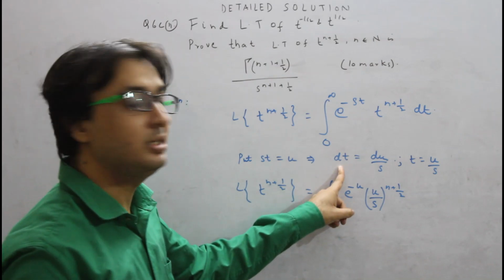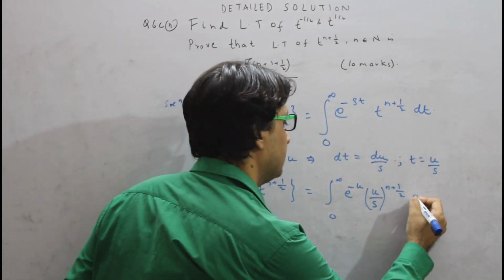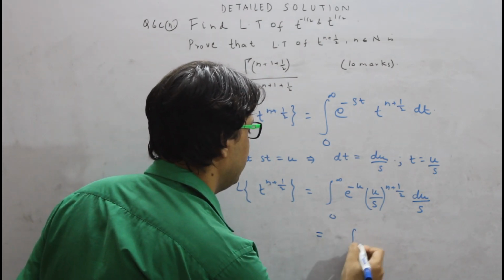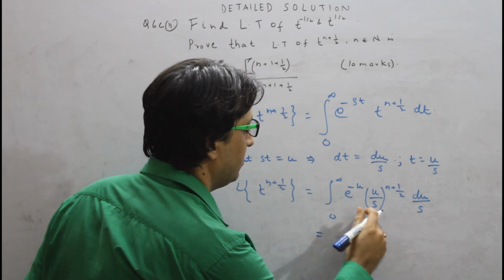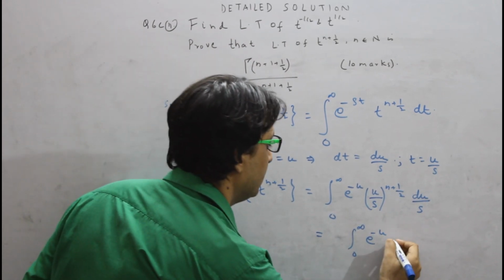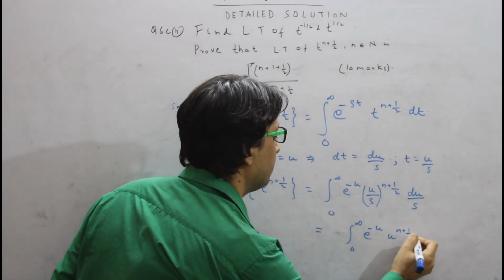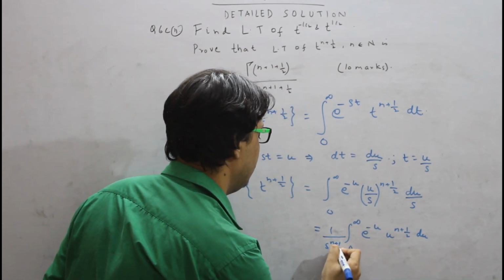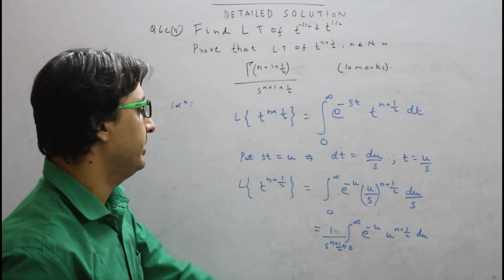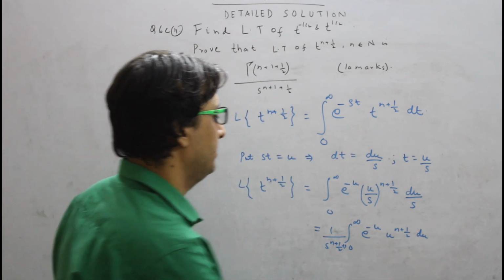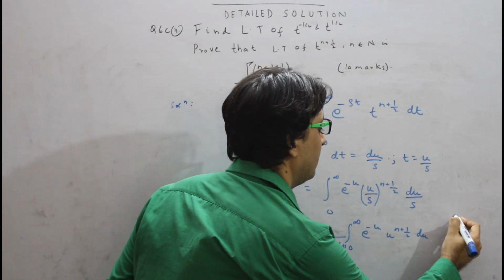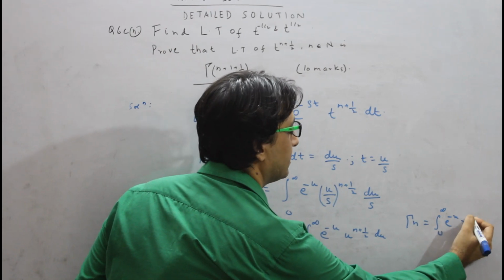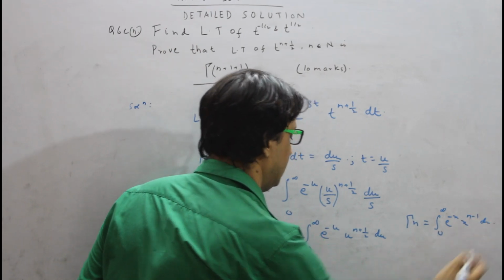And what is the value of dt? Dt value is du by s. So we can take all our s outside. We can write this as s to the power n plus half, and if we take it outside, it becomes n plus half plus 1. Alright, now we know gamma of n is equal to the integral from 0 to infinity of e to the power minus x times x to the power n minus 1 dx.